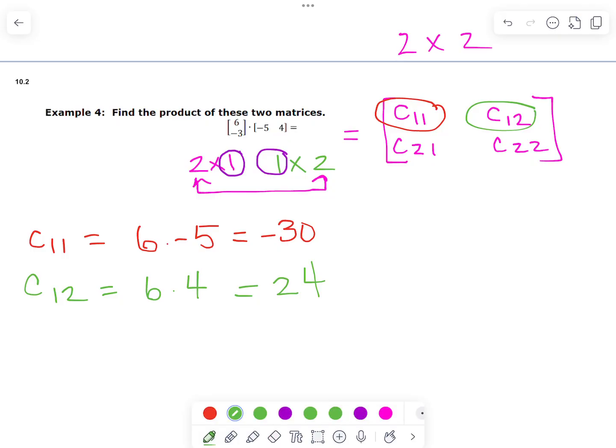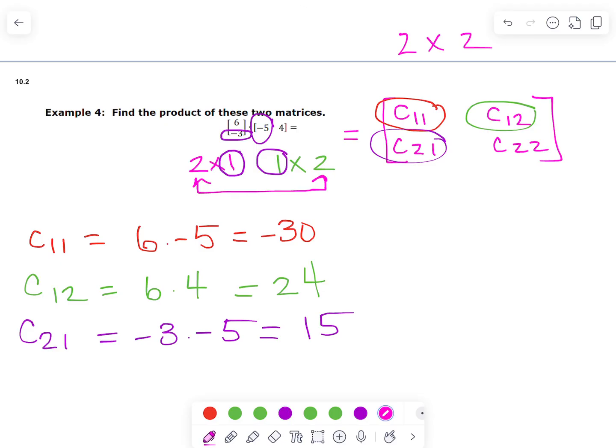So we've done row 1, now we go down to row 2. So row 2, column 1. So -3 times -5 is 15.